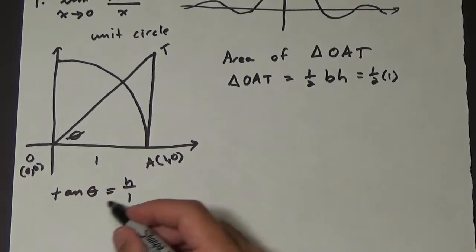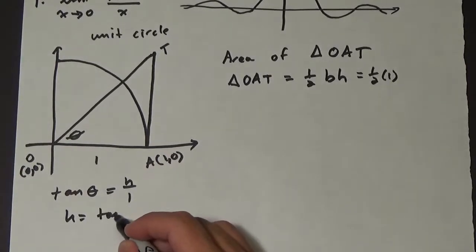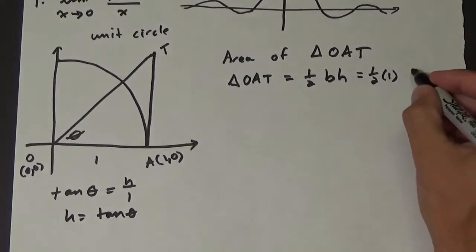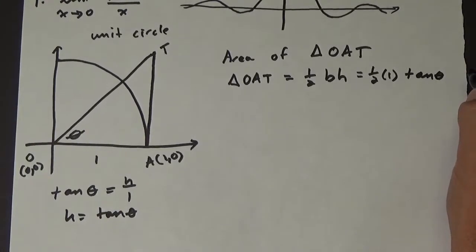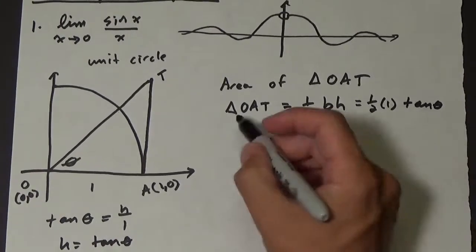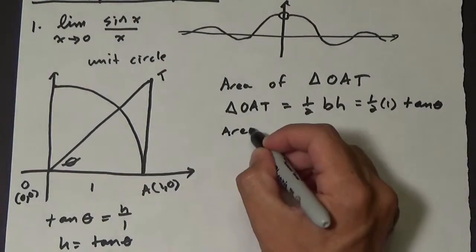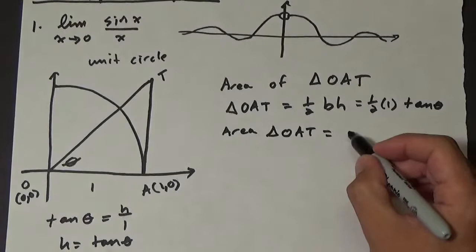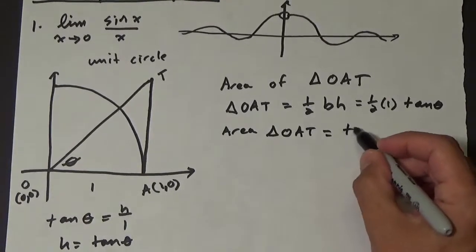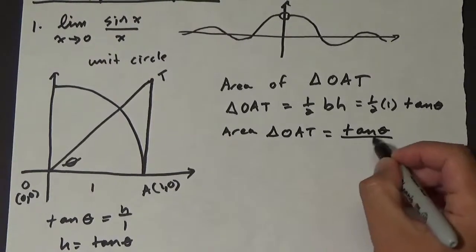So that means our height is just the tangent of theta. Easy enough. So put that up here. So the area of triangle OAT is the tangent of theta over 2.